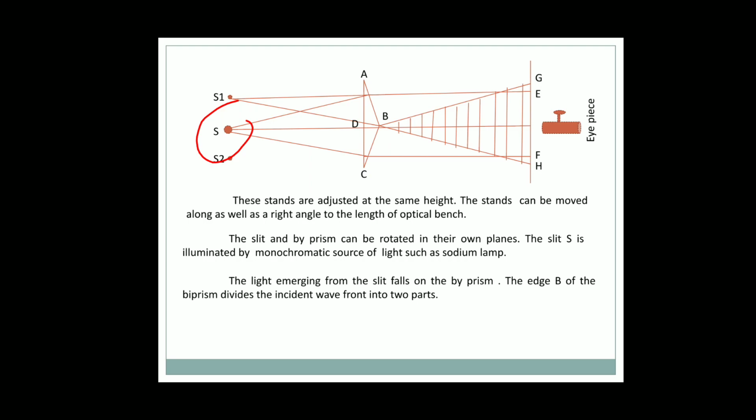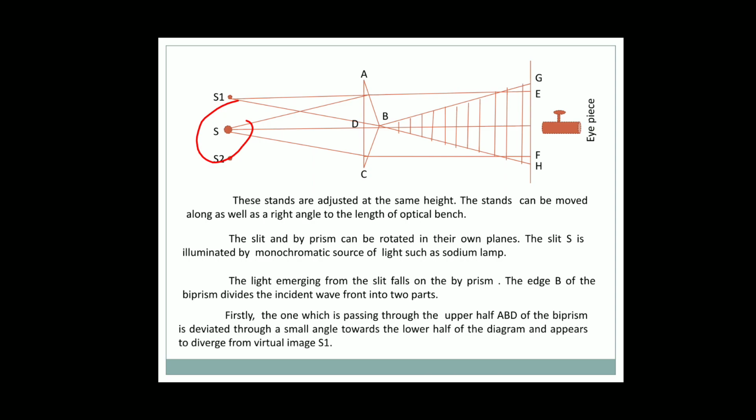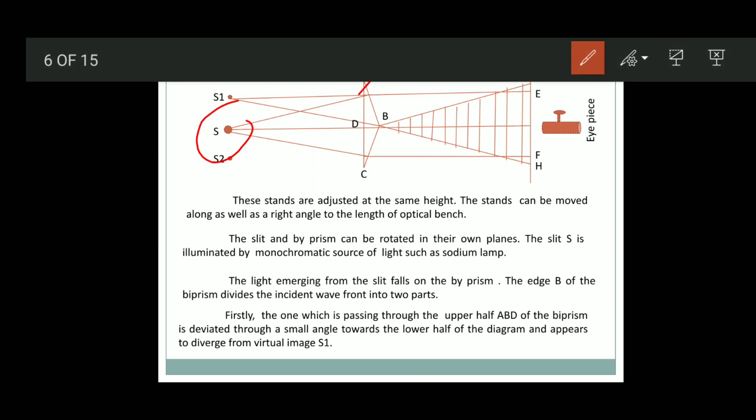The edge B of the biprism divides the incident wavefront into two parts. Firstly, the part passing through the upper half ABD of the biprism is deviated through a small angle towards the lower half of the diagram and appears to diverge from the virtual image S1.